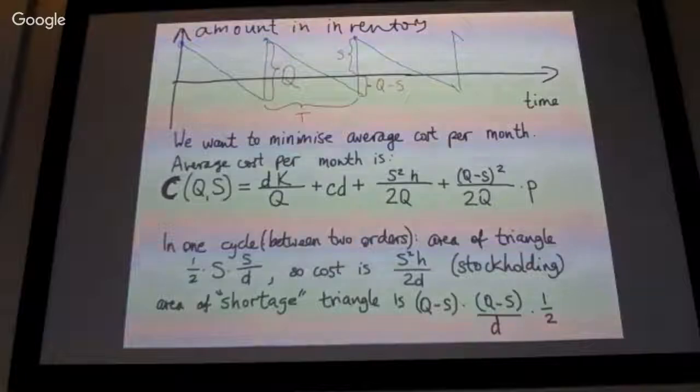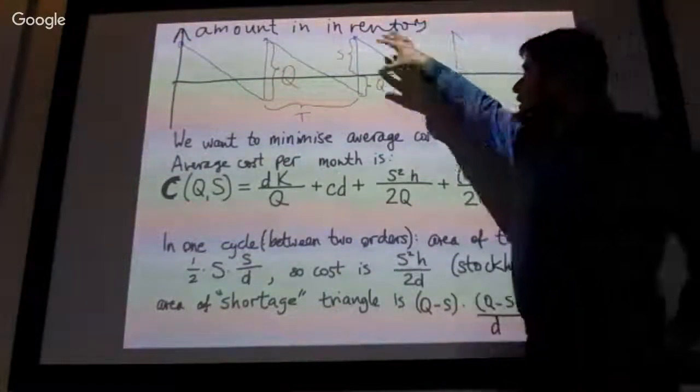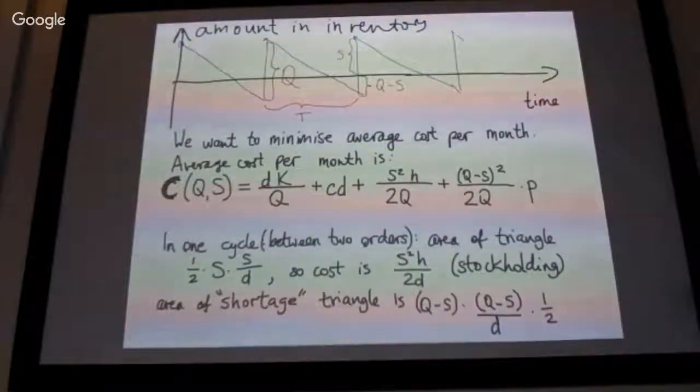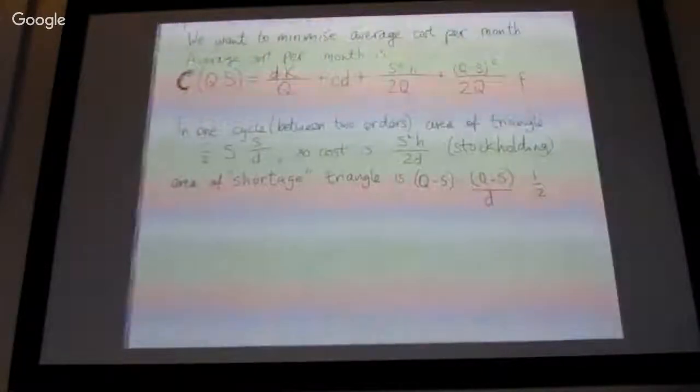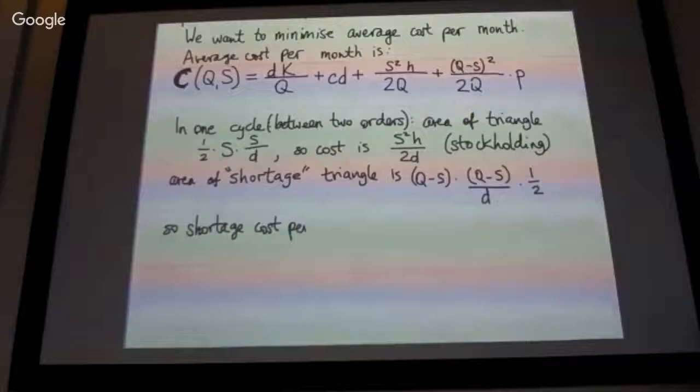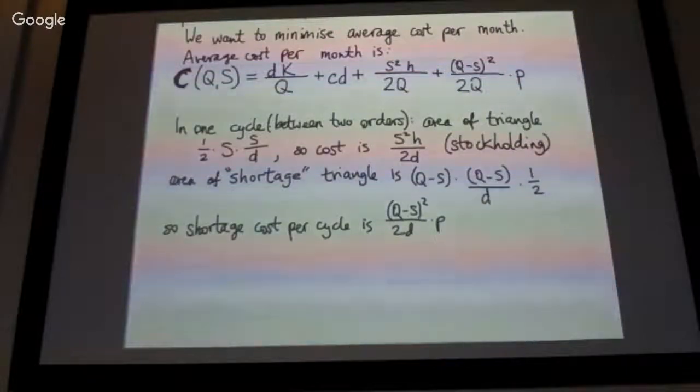Similar to the top one, where it was S times S over D, here it's Q minus S times Q minus S over D, times 1/2. So the shortage cost in one cycle is Q minus S squared divided by 2D times P. And what's the length of one cycle?